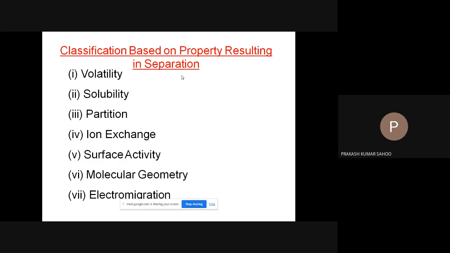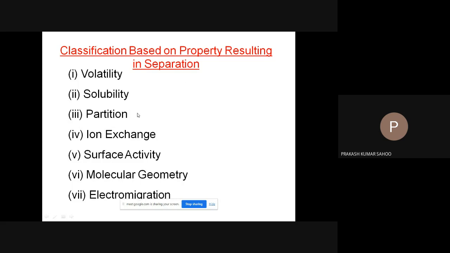For example, in liquid chromatography, the static phase is a liquid and the mobile phase is also liquid. Then we have gas liquid chromatography and so on. In the partition property, we will discuss different types of chromatography.